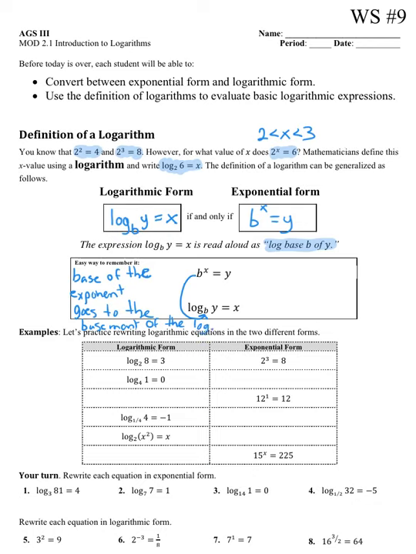Okay, so base of the exponent becomes base of the logarithm, or basement to basement. All right, base becomes the base. So whenever you're switching forms, that's where the b value is going to end up.